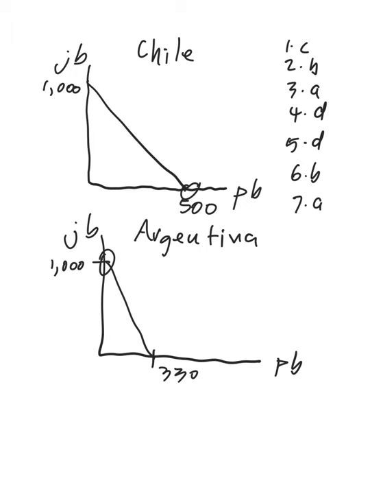Now, question 6 is a tough question. The intuition is Argentina will get the best gain from trade when the price of jelly beans is what? When the price of jelly beans is as high as possible. In other words, Argentina, being the exporter of jelly beans, wants the highest possible price for jelly beans.